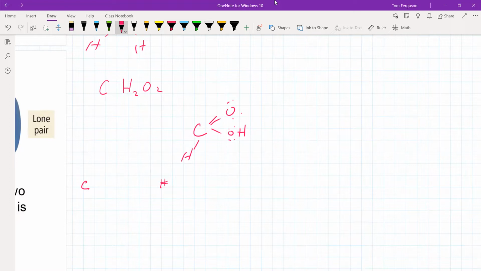So how many groups is that? 3. Remember, the double bond and triple bonds count as one group. So it's 3. Three is, remember, trigonal planar.